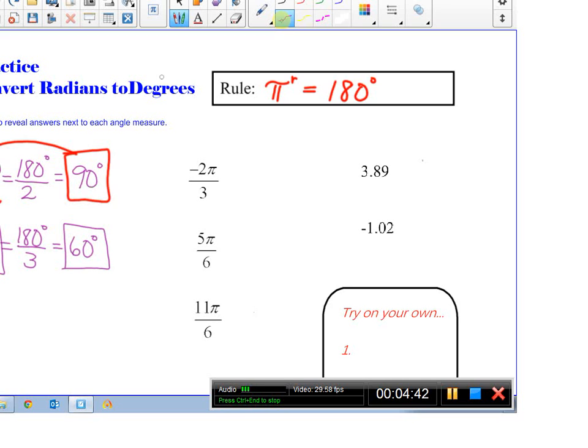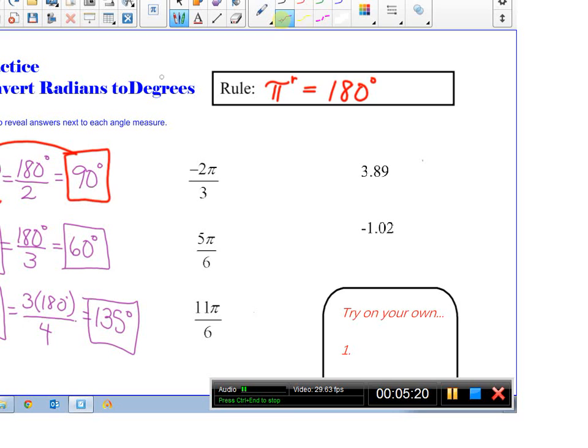Right? Let's try one more like that, where we're simply substituting in 180 for pi. Here we have 3 times 180 divided by, degrees is what you should have.